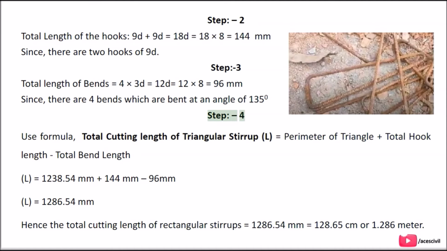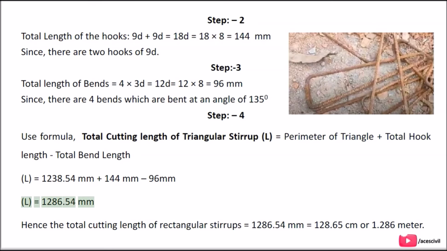Step 4: use formula. Total cutting length of triangular stirrup L equals perimeter of triangle plus total hook length plus total bend length. L equals 1238.54 mm plus 144 mm plus 96 mm.